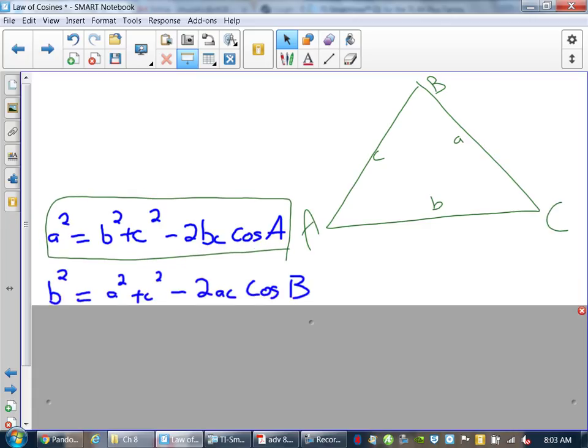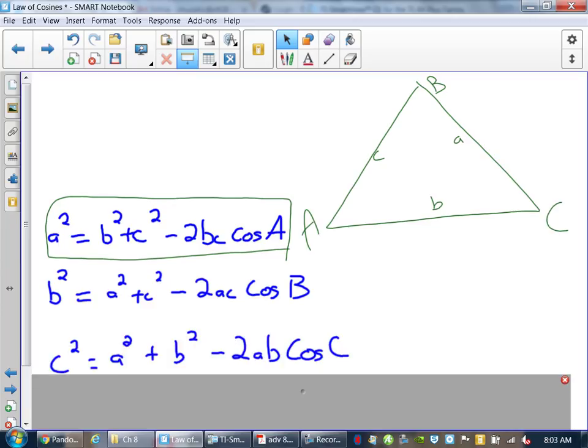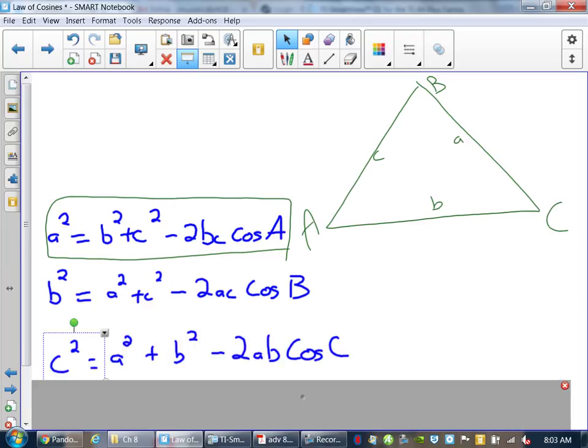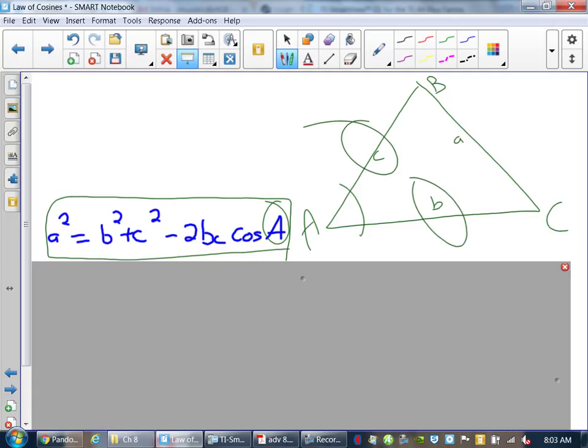If I go through the rest of them, little b squared, big B. Little c squared, big C. So that's how they move themselves around. Now, if I'm dealing with angle A, that means I have these two parts. So that scenario makes it look like that.